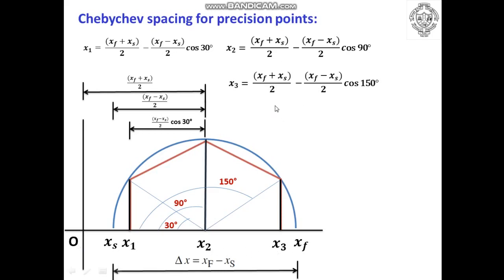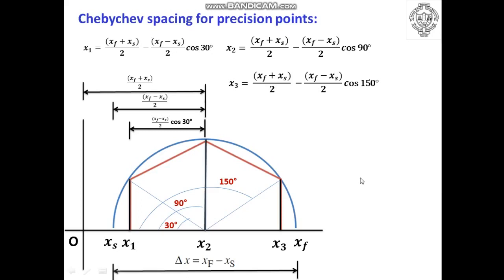That is why it is considered as this particular formula. But when the angle is considered as 150, you can write it directly, so that you will automatically get the addition of these two distances. So this is how we have rewritten the formula in the form of xf and xs with some angle.